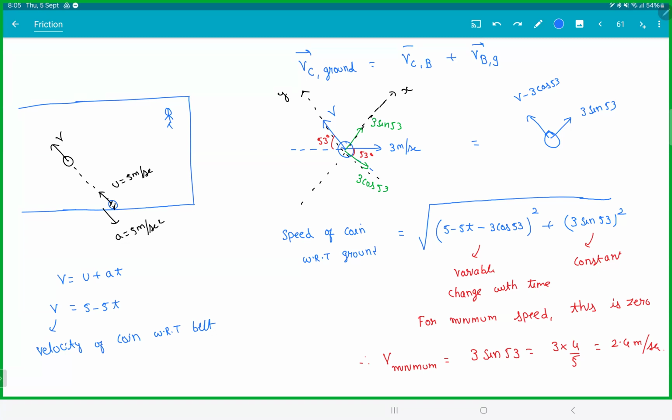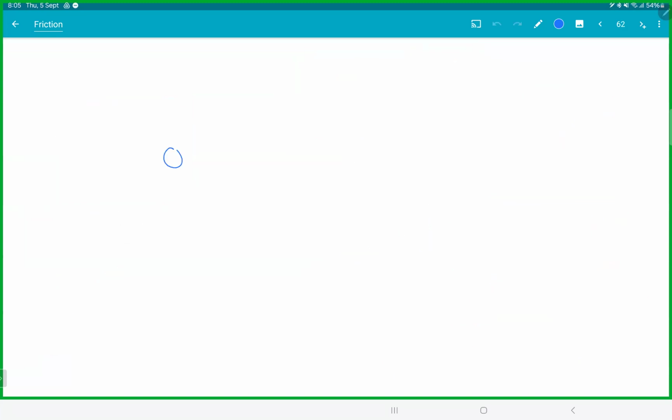Now, let's see what happened. What would have happened if I did the other way around? The headache is if I had divided this V and this 3, this is 53. This would be V cos 53. This is V sin 53.